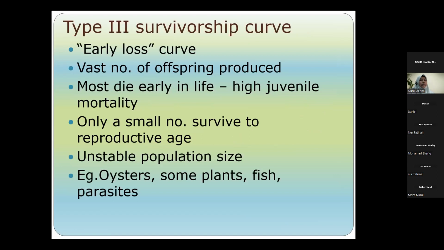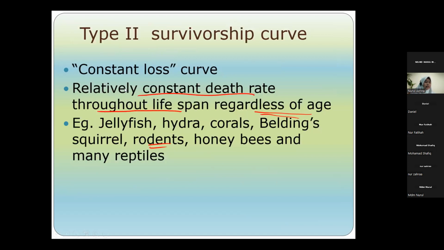Okay, next type 3 pula dah. Type 3 survivorship curve. Okay, type 3 survivorship curve is known as early loss curve. Okay, any idea what does it mean by early loss? Tadi late loss, type 1 late loss. Ini early loss. Okay, look at again the curve.